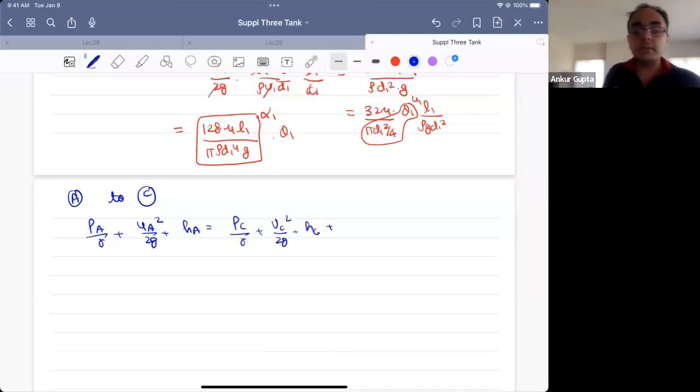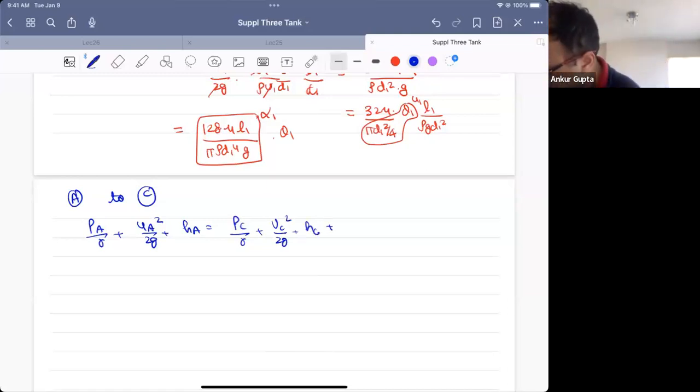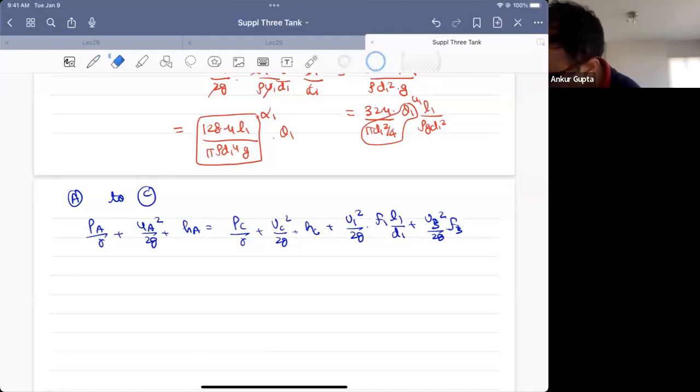And now the losses will be in the first pipe and the third pipe: F1 L1 by D1 into U1 square by 2G, plus U3 square by 2G into F3 L3 by D3.